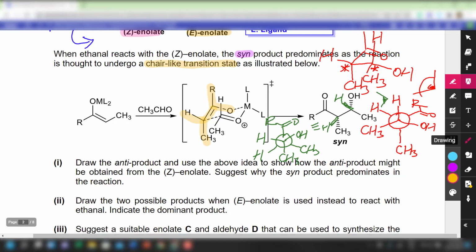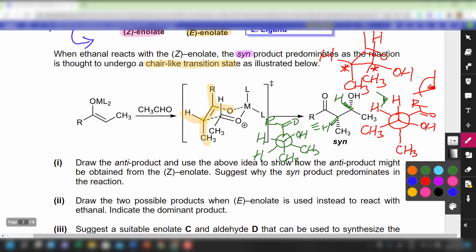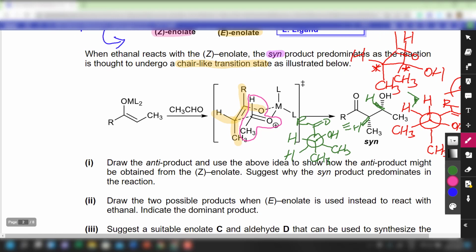But what I can change is my ethanal. So instead of reacting it like this, I can turn it the other way around, because remember, the approach is from the top and bottom with near equal probability. Remember that?